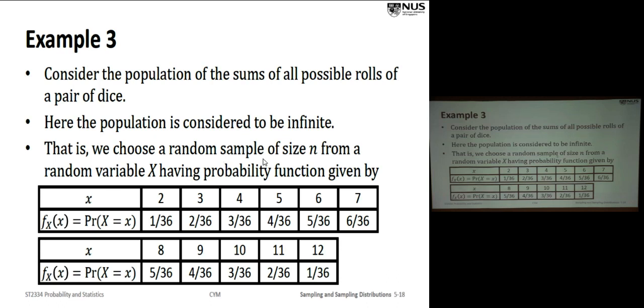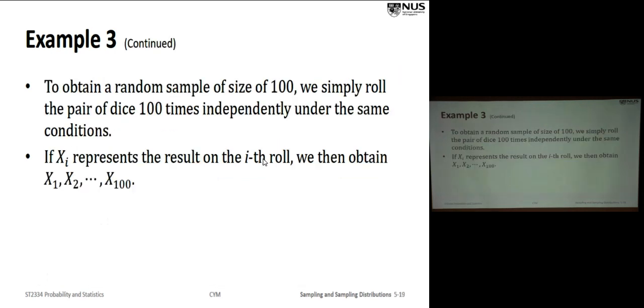It's a random sample of size n, which means basically we take independent and identically distributed random variables from this population. To obtain a random sample of size 100, we could simply roll a pair of dice 100 times independently under the same conditions, up to some epsilon. And if Xi represents the result on the ith roll, then we have X1 up to X100. Okay, so this is our random sample.